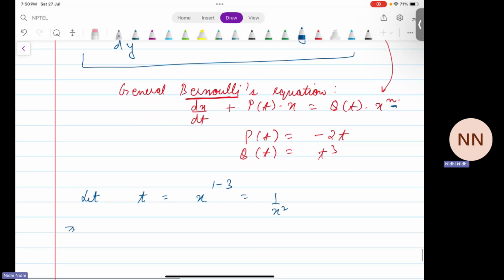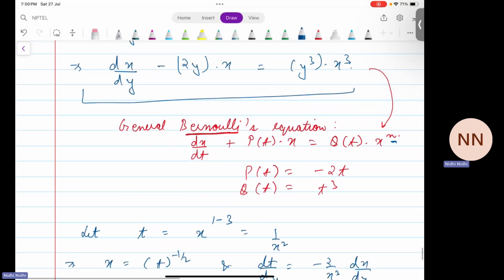This gives us that x is equal to t to the power minus 1 by 2, and dt by dy is equal to minus 2 by x cube dx by dy. Why did we differentiate with respect to y? Because we already had the term dx by dy in our problem.